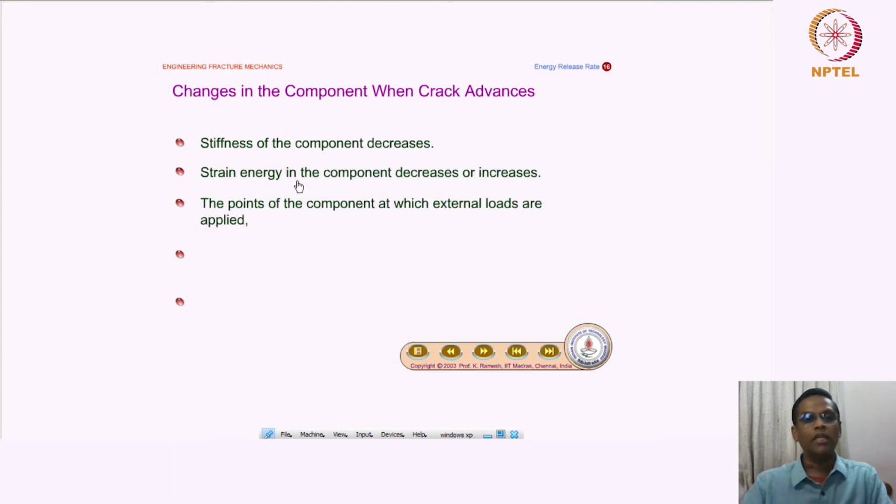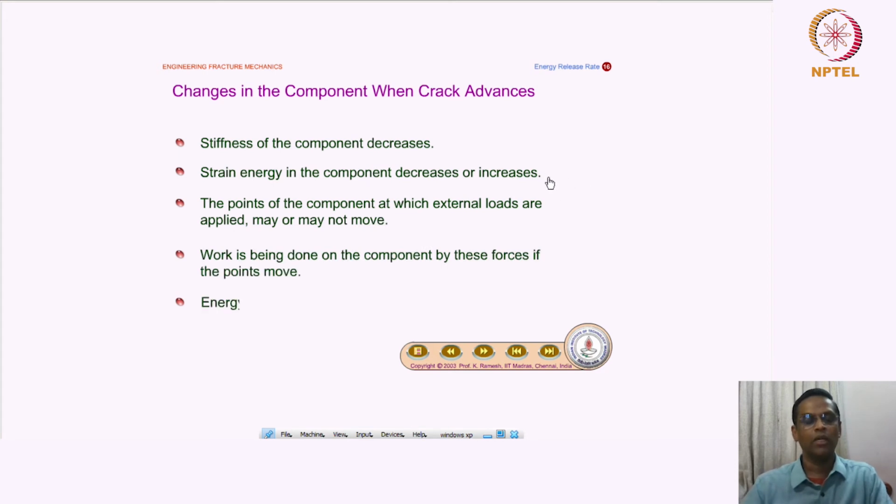And the strain energy in the component decreases or increases? We will now qualify this statement by looking at small simple experiments, which we are going to show in the next few slides. Strain energy in a component may decrease or may increase. So we will look at them in detail.